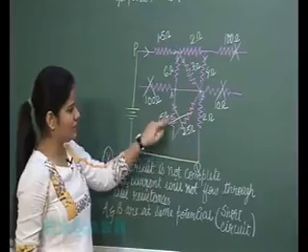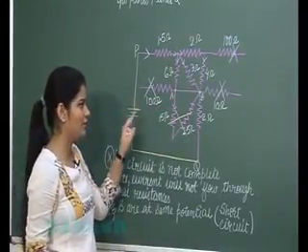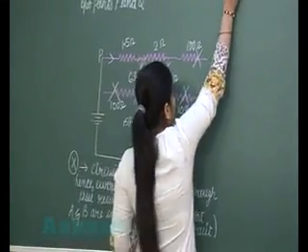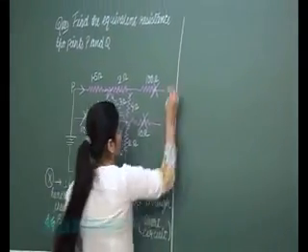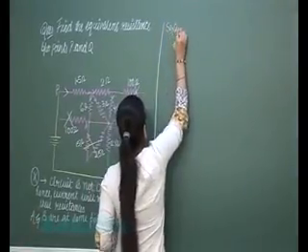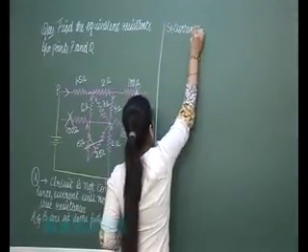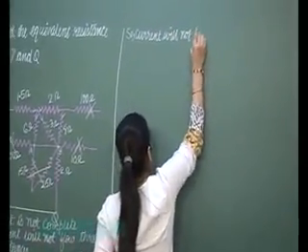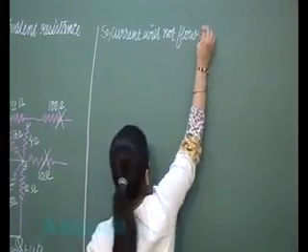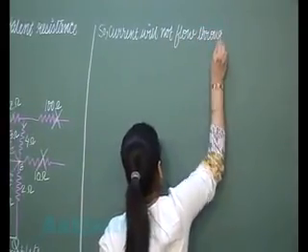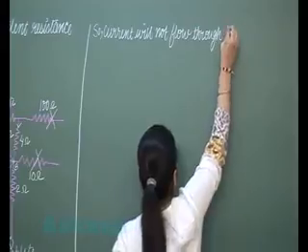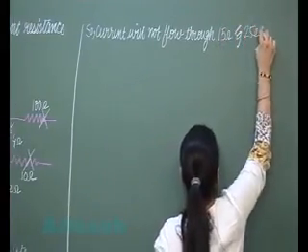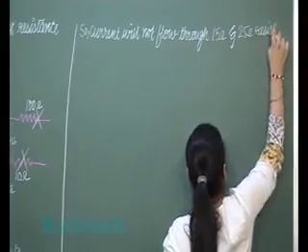Therefore, these 2 resistances are omitted, or current will not flow through the 15 ohm and 25 ohm resistance.